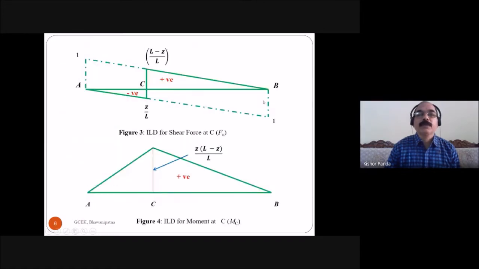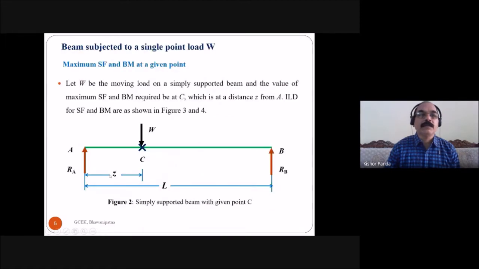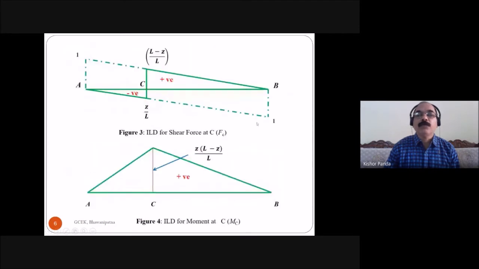Here you see, Z is the distance of the section C from the support A. When Z is equal to L, that is when the moving load W is present at B. So what is the influence line diagram?